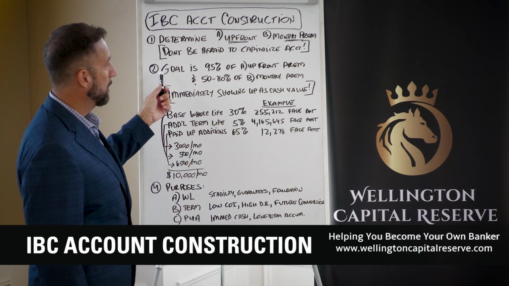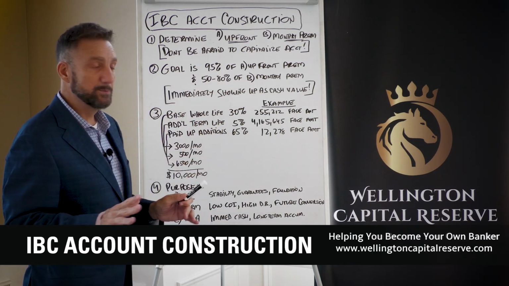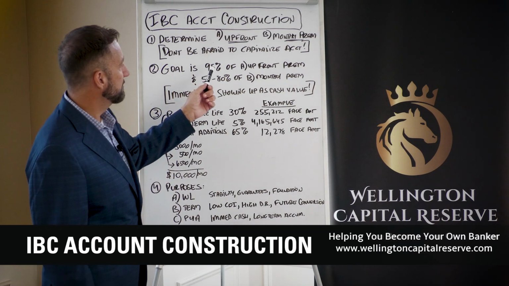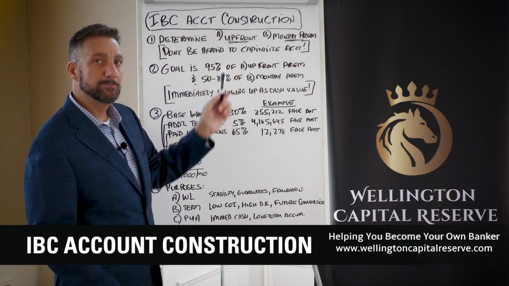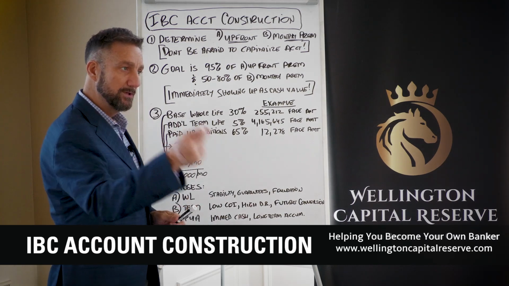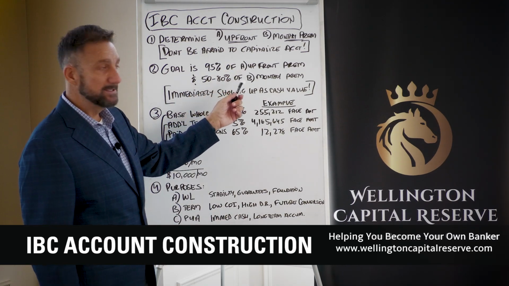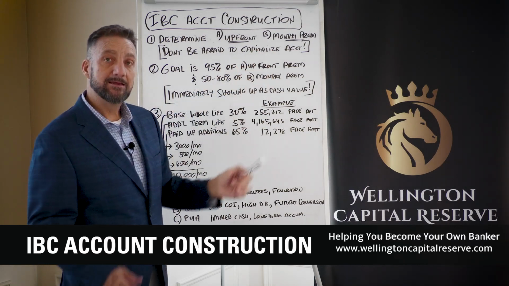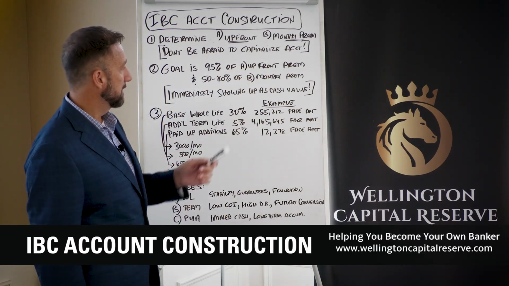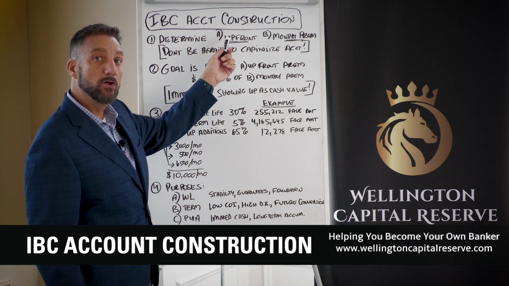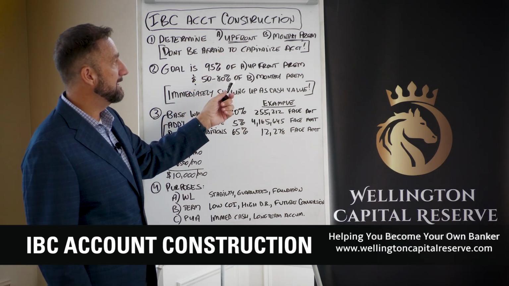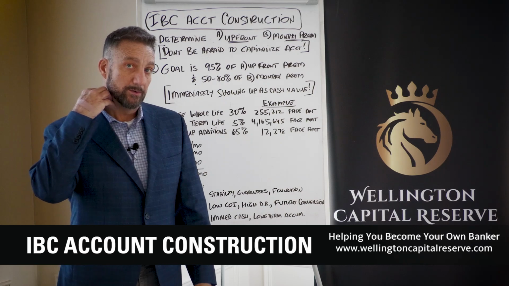Now, the goal that we have up front when we set these up is that 95% of any upfront money be available immediately the next day, and 50 to 80% of the monthly premium be available the next day. Okay, so we want 95% of all upfront monies, 50 to 80% of all monthly or ongoing monies.